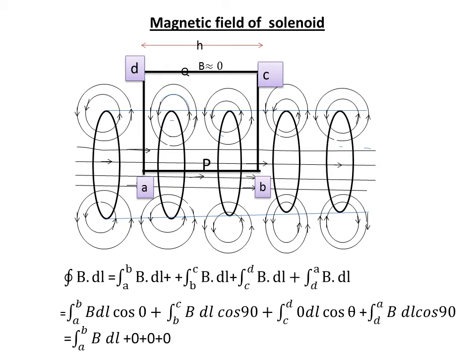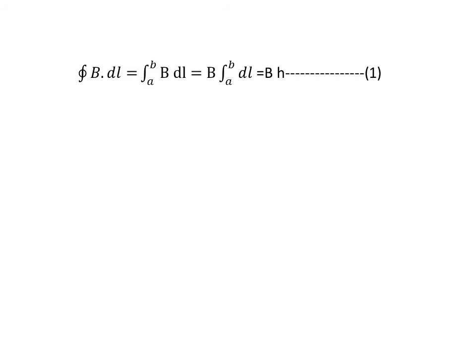So we have integral A to B, B dl, plus cos 90 is 0. So second part is 0. The third part B is 0, so this also becomes 0. And B dl cos 90 is 0, so the fourth part is also 0. So we get integral B dot dl over the closed loop is equal to integral A to B, B dl.